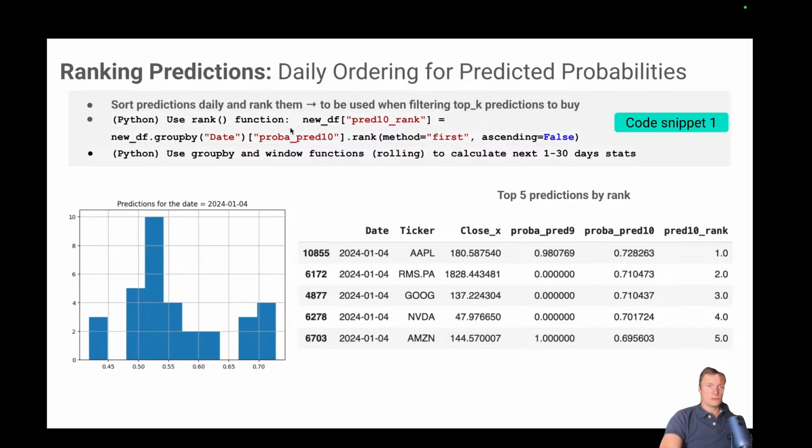And if you're new to Python, you can use this method, group by date, define column name, and rank by method first. So we define a new column name predictor 10 underscore rank, and this is a formula that makes vector calculations and assigns every record a specific rank during that day.